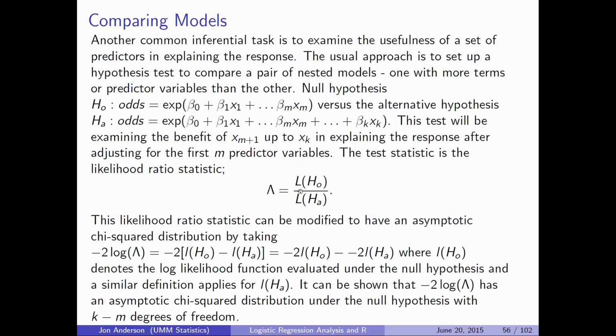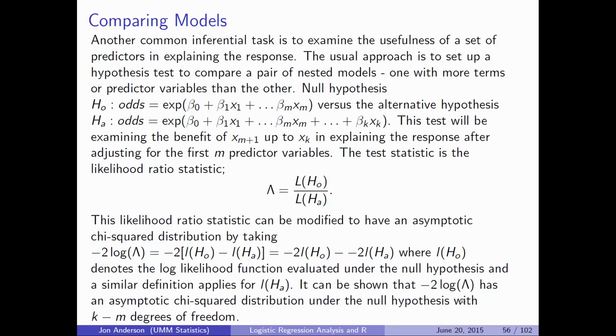And we don't really use it on this scale. We typically take the log of the lambda statistic and multiply it by -2, which, if you think about the math going on here, a value that is much less than 1 for lambda is going to turn out to be a very big positive number for -2 log lambda. So -2 log lambda values that are really big are going to indicate extra variables are helpful in the alternative hypothesis.